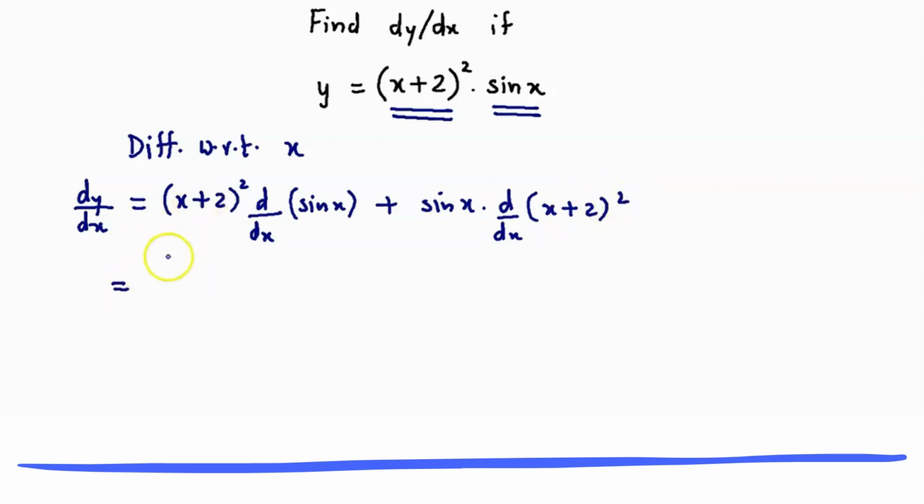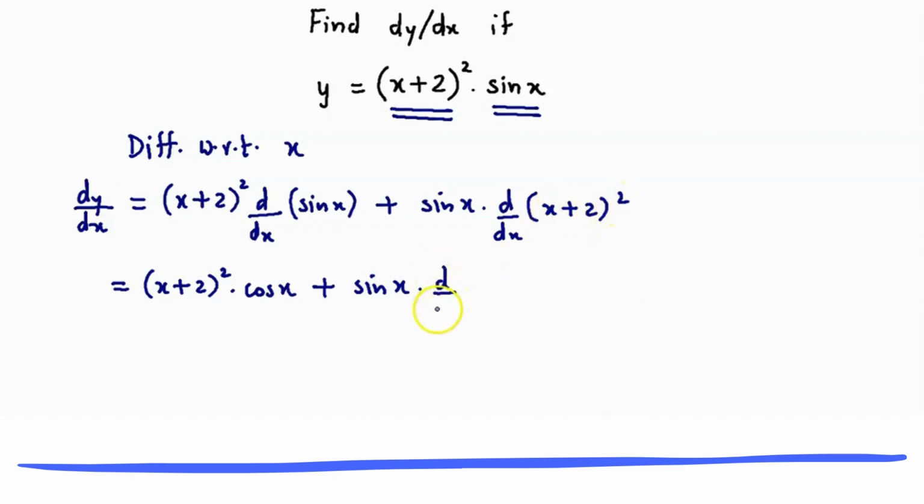Proceeding further, now this term remains as it is, x plus 2 the whole square into derivative of sin x is cos x plus sin x into, now before taking the derivative, let us expand this using the formula a plus b the whole square.